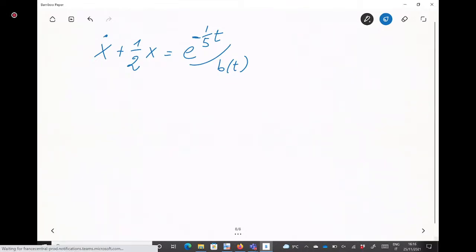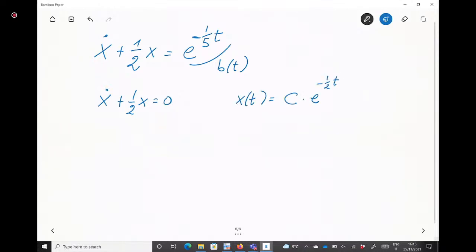The principle is again the superposition principle. So first we find the solution to x dot plus 1/2 x equal to 0. And this is step 1. Next, step 2.